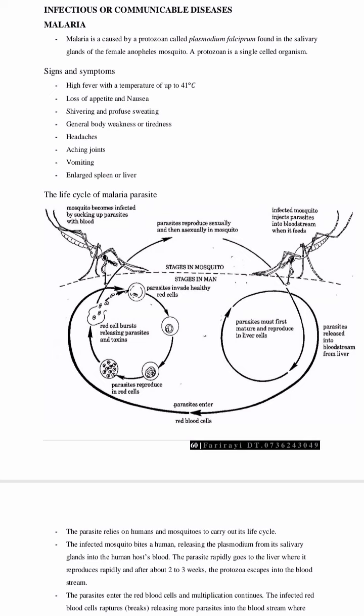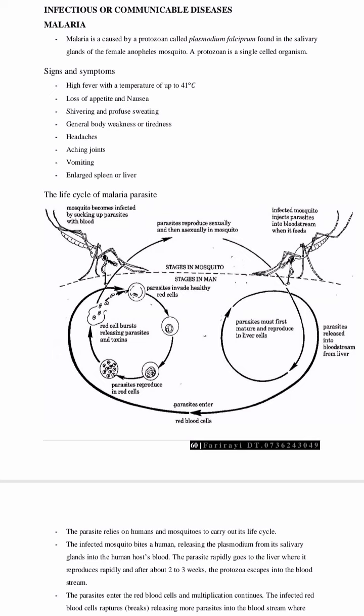So when they get inside your red blood cells, they are going to divide there asexually. Remember, we did asexual reproduction. They are going to divide asexually inside your red blood cells, and they are going to develop and grow, and then they are going to rupture your red blood cells.